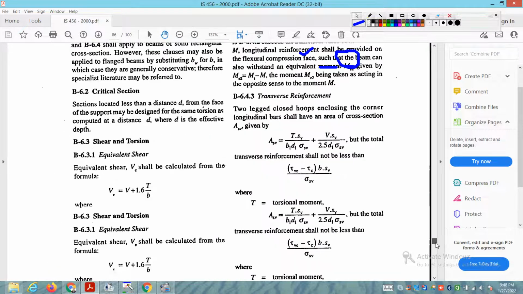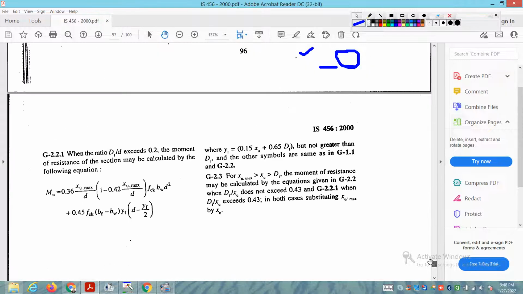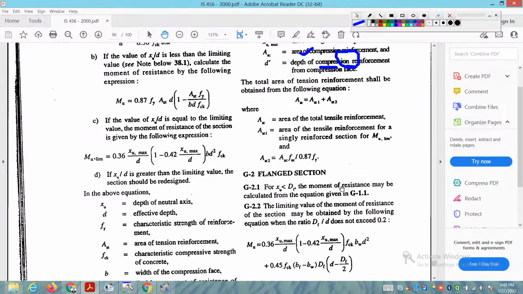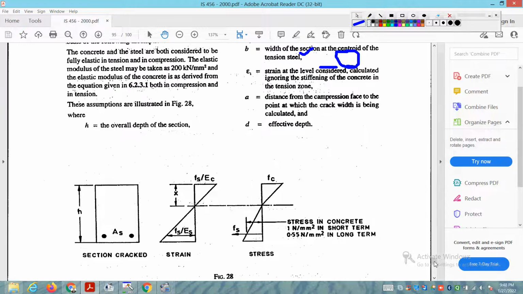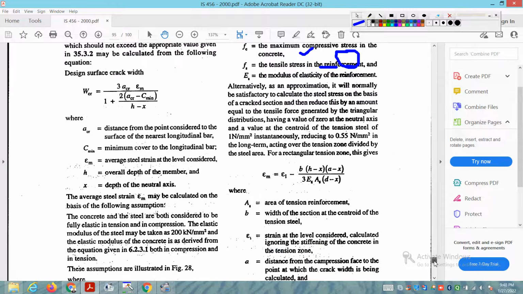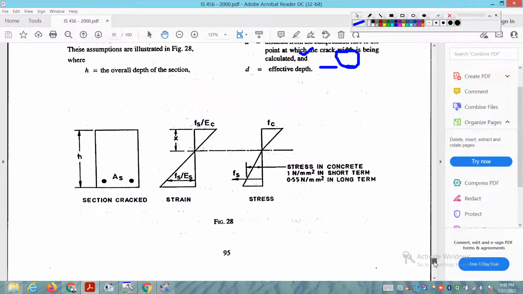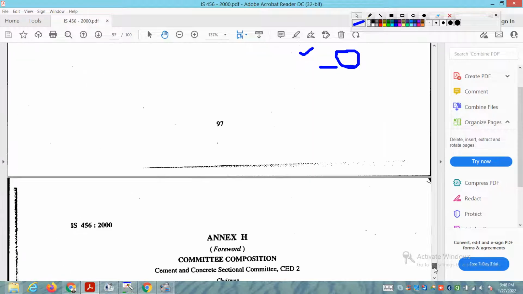So these are the chapters and annexures which have been included in IS 456, right? You have seen, I think, in mechanics of solids you might have studied Rankine's formula, Euler's formula, right? Boundary conditions.